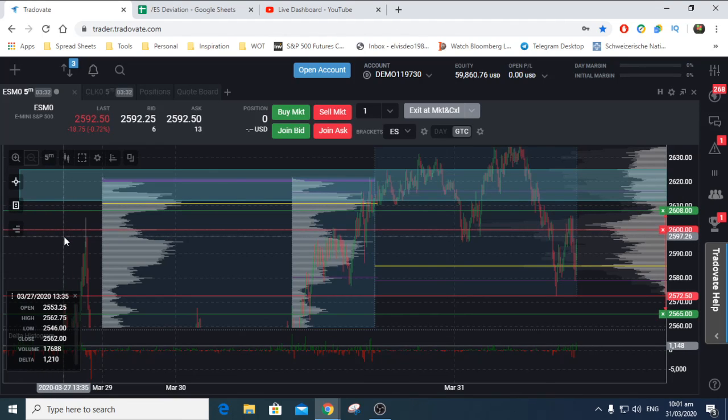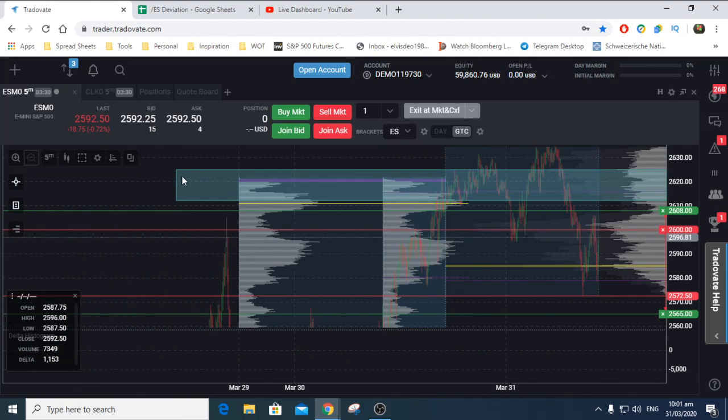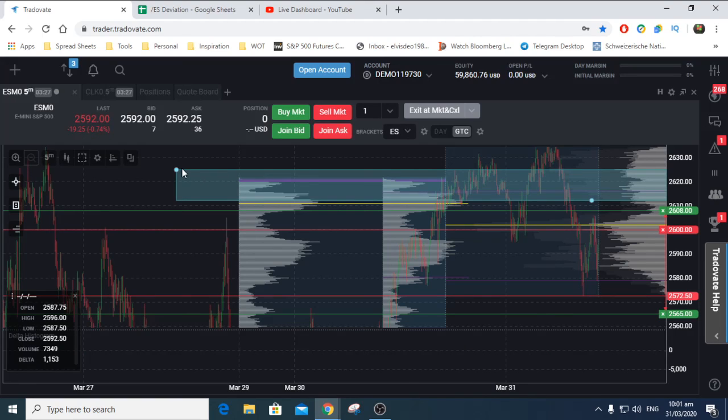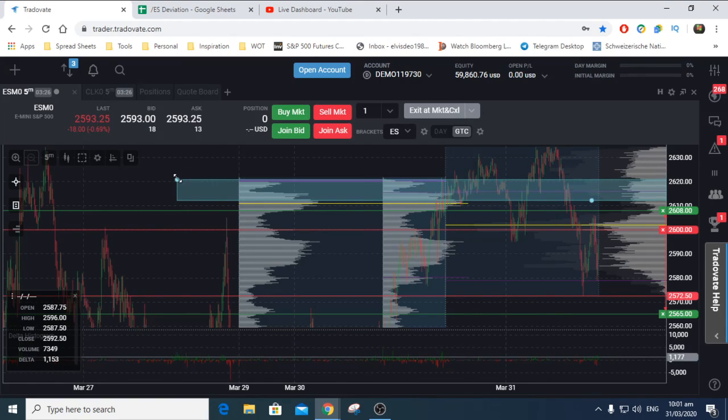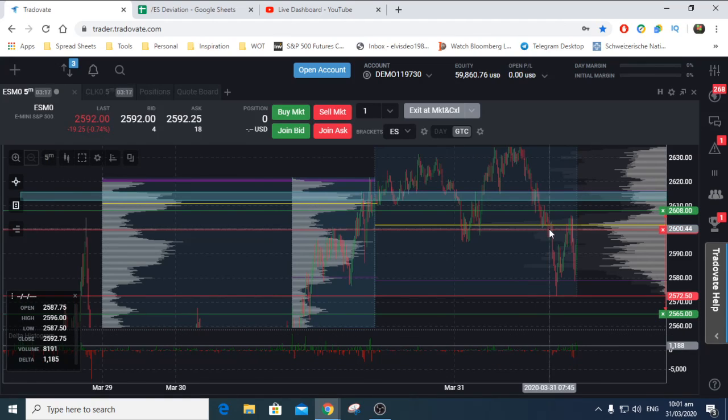Let's work off this being a kill zone here. This is the adjusted kill zone 1. So what I'm trying to show you here is where I have water sitting outside.